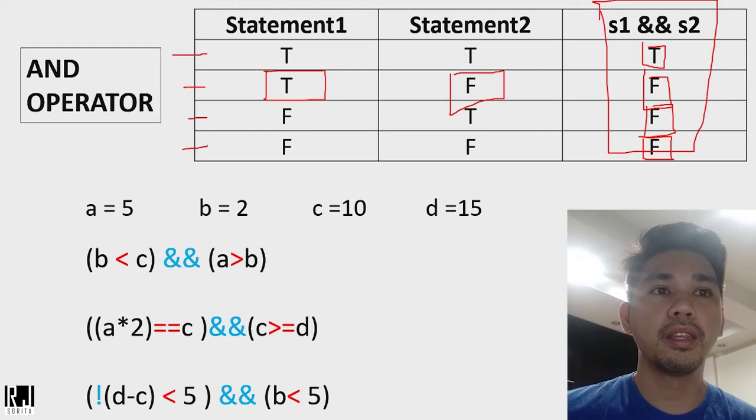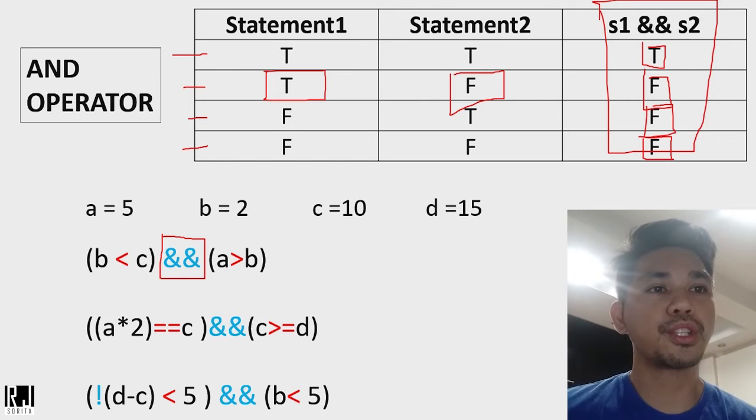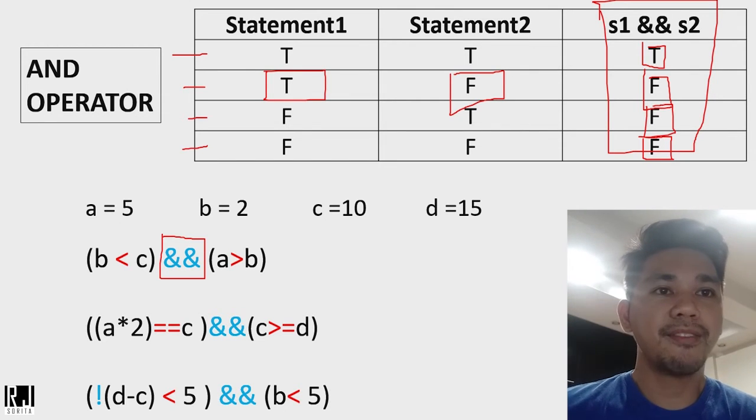By the way, the symbol of AND is a double ampersand. Okay? So let's try. B has a value of 2 and C has a value of 5. So is 2 less than 5? I believe that is true. Now A is 5 and B is 2.